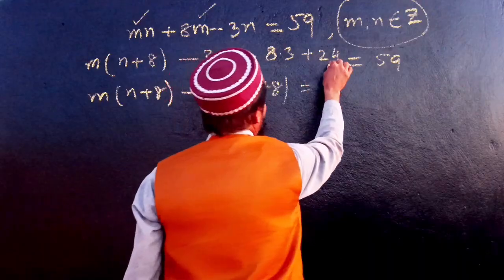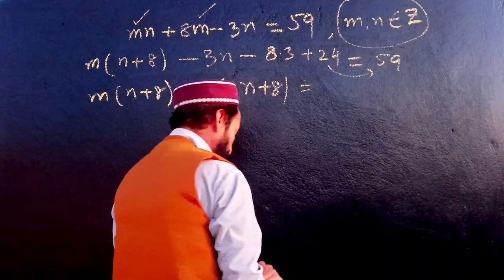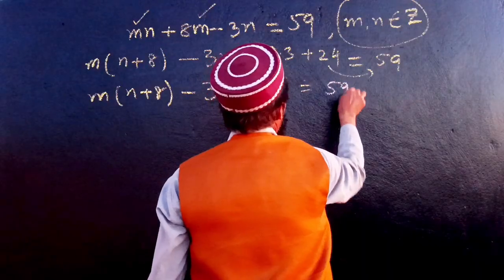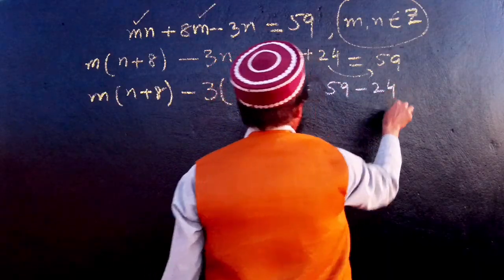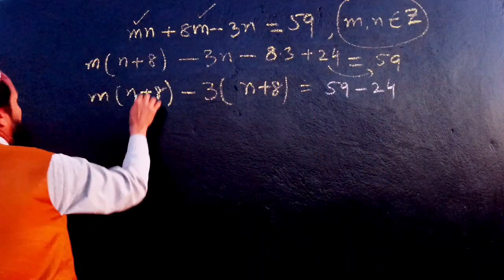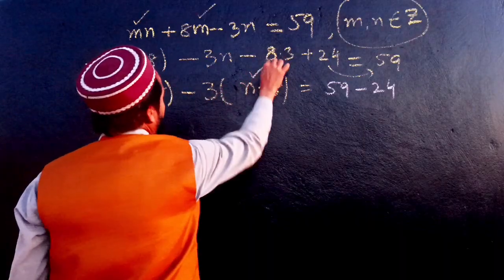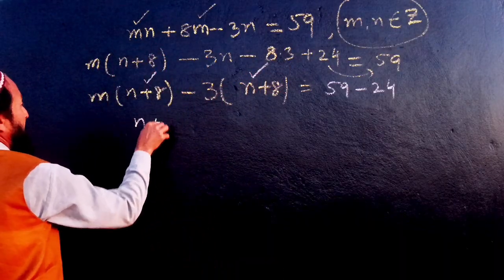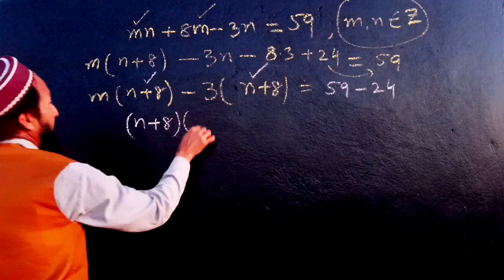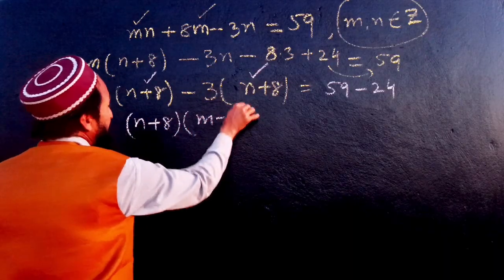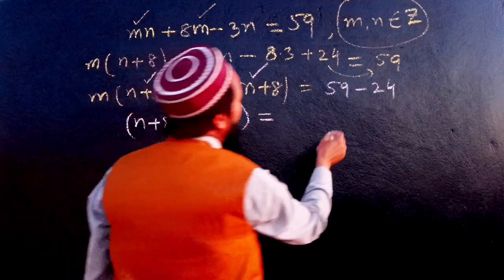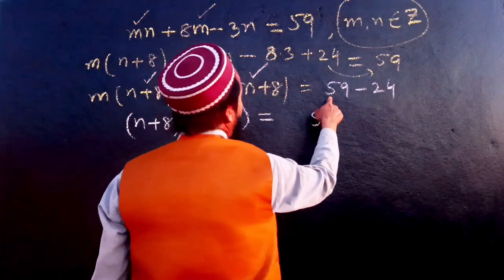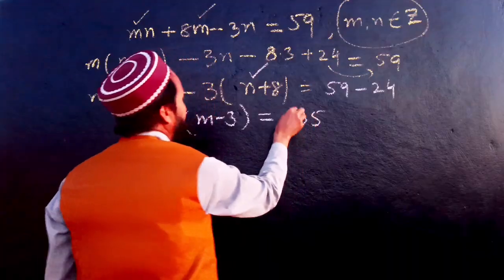The 24 is transferred to the right side, so its sign is also changed: 59 minus 24. Now we take common one of the factors n + 8 into (m - 3) is equal to, we subtract this result, 59 minus 24 we get 35.